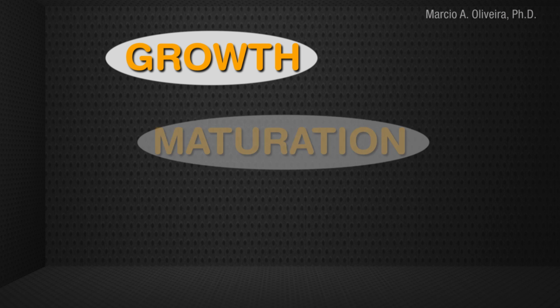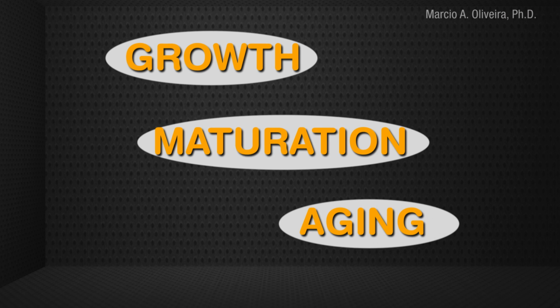Understanding how the nervous system and movement abilities change with age expands our knowledge of motor control. In fact, we want to understand how we achieve certain levels of movement control, and this is how motor control develops. The other three terms that we have to define and differentiate are growth, maturation, and aging.